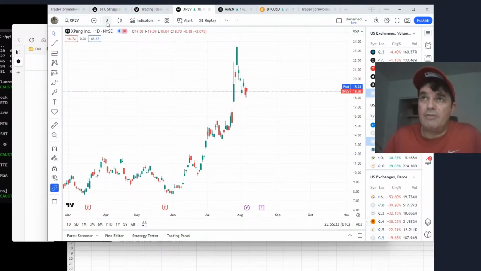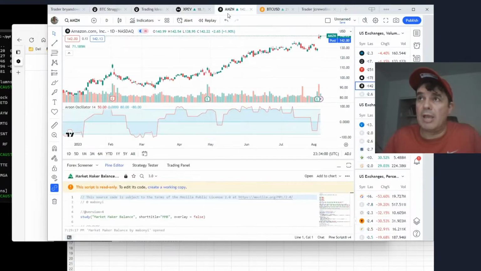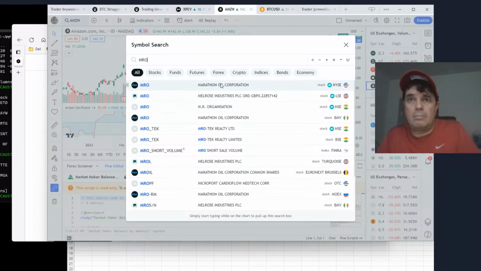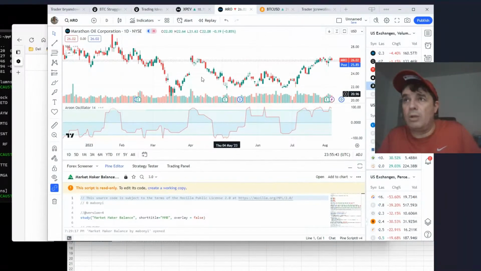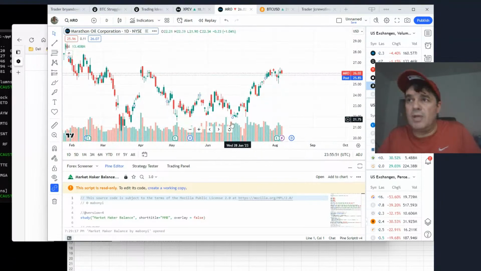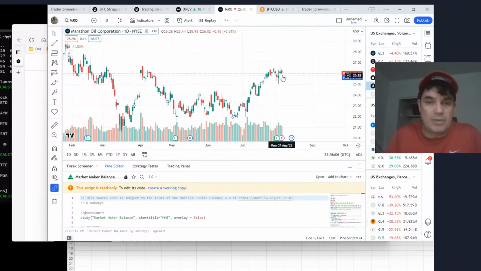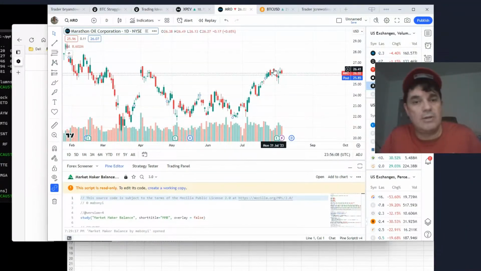But if you compare that to, let me pull up MRO just as an example, Marathon, that's the current stock that you might want to look at just for comparison. So let me just get rid of this. You can see what I'm trying to tell you is when you get a stock that does really well, and when a creditor cuts the U.S. credibility and it barely hurts this stock, you know that this stock can and most likely will continue to move up.